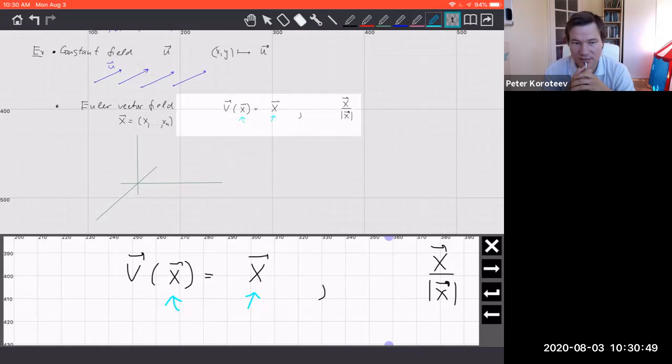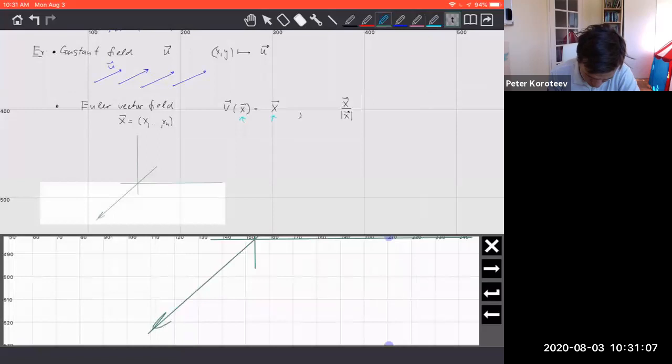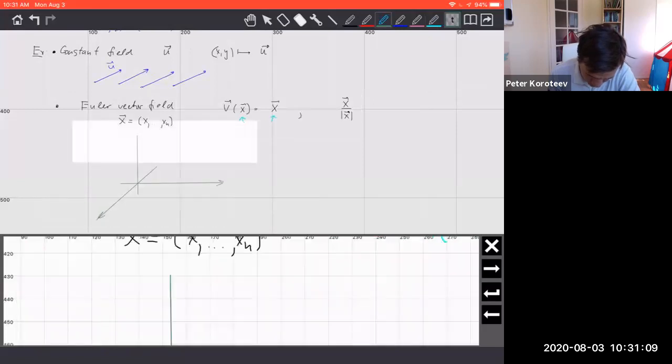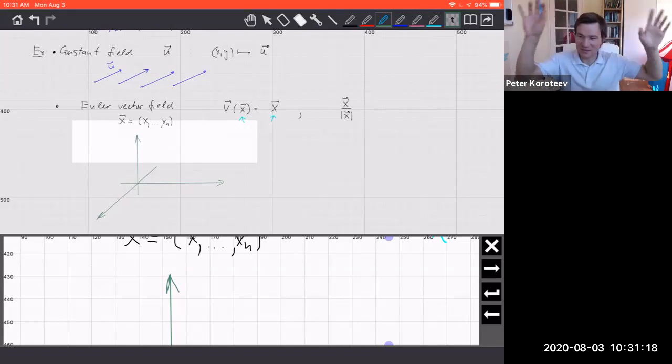How does this field look? What do you think? Vector pointing away from the origin, or rather, a bunch of vectors, many vectors.